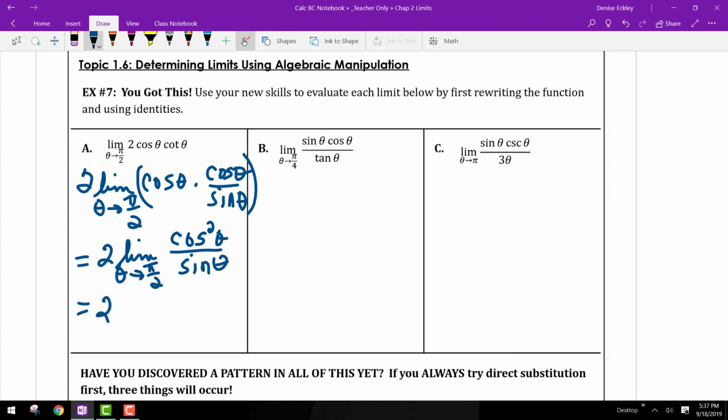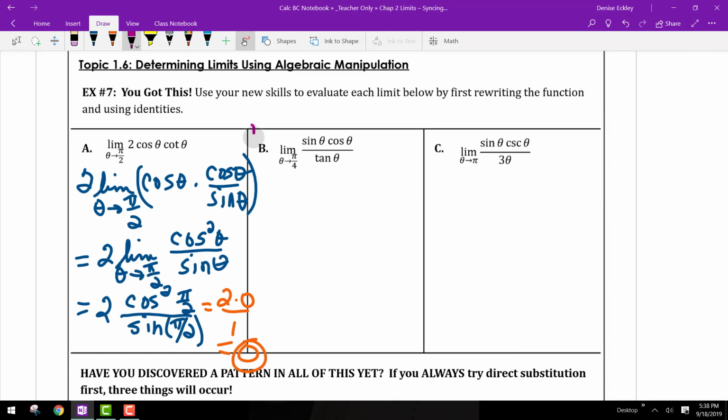So I get 2 times cosine squared of pi over 2 divided by sine of pi over 2. Simplifying that, I get 2 times 0 squared, 0 over 1. So I get 0 for the limit. Okay, next one.